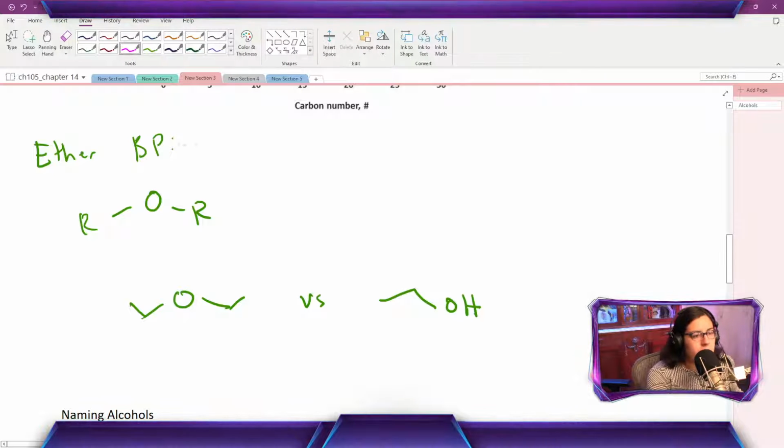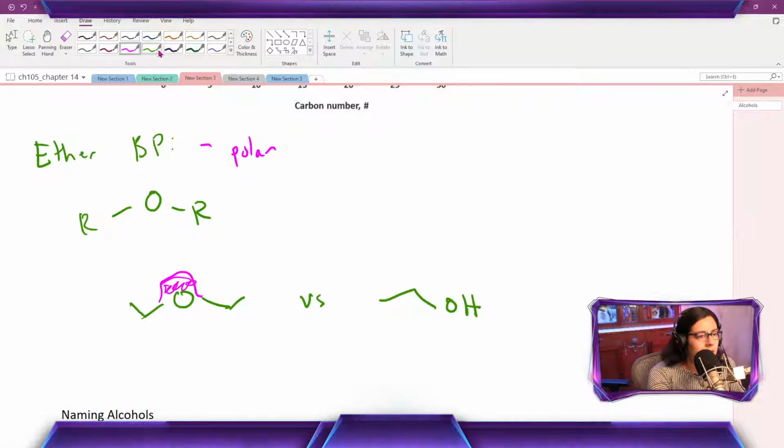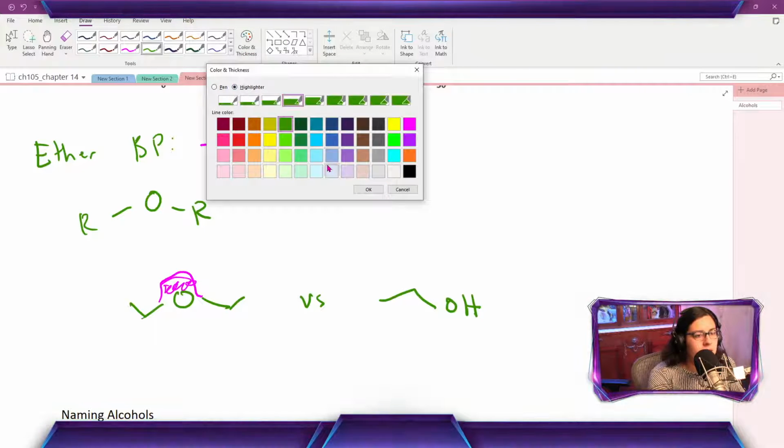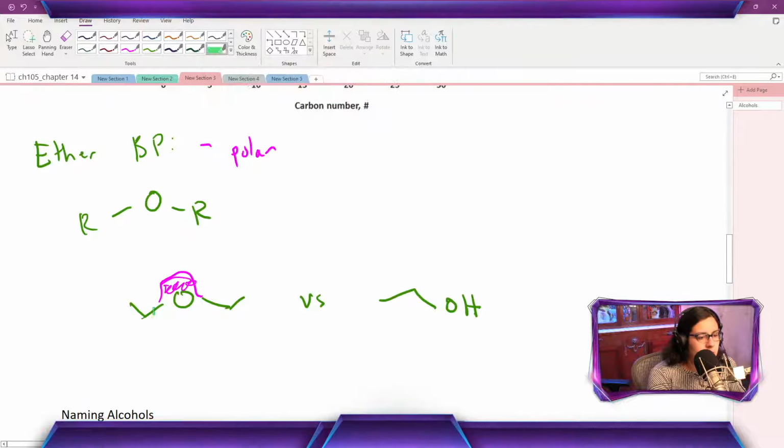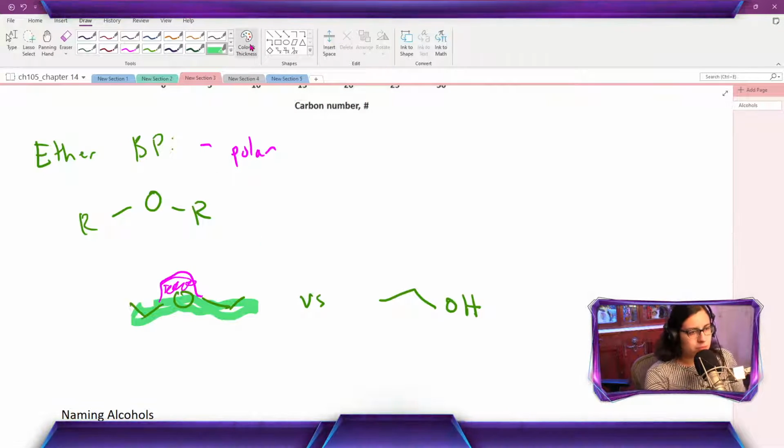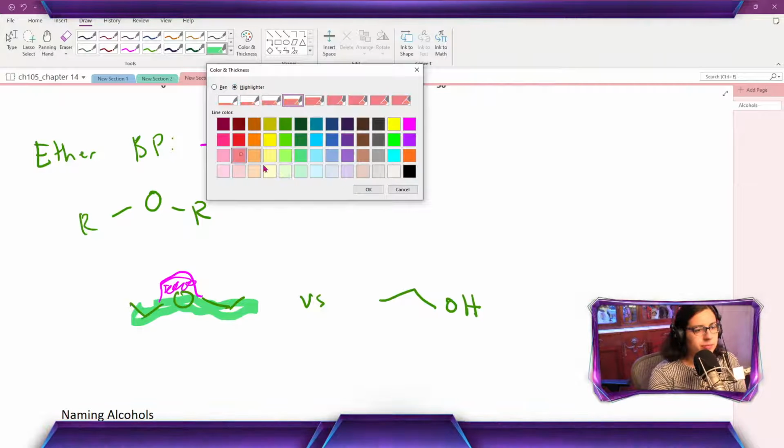Ethers are polar, so they have our electronegative oxygen. If we were to map this, the electron density would be centered around oxygen here, on this side of the molecule, and the rest would be more positive.